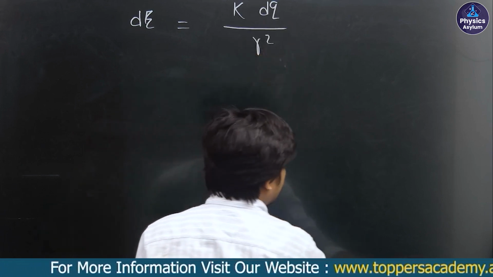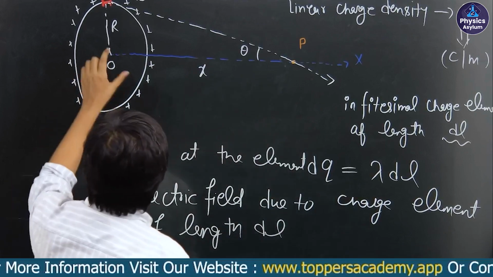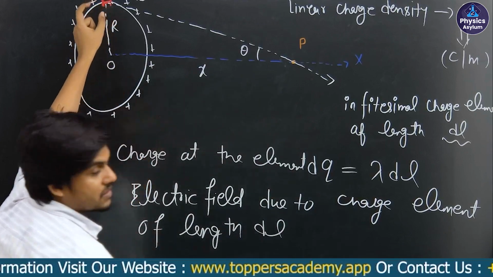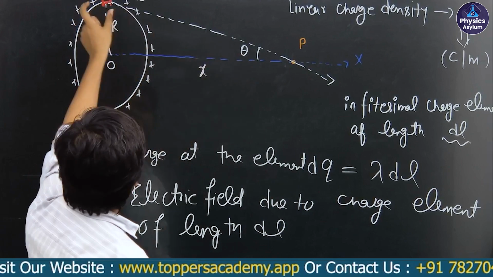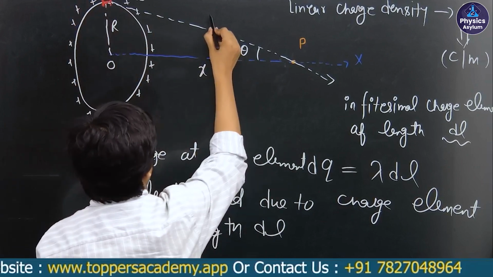Now what is r here? That r is the direct distance of this point from this charge element. So this is your r.